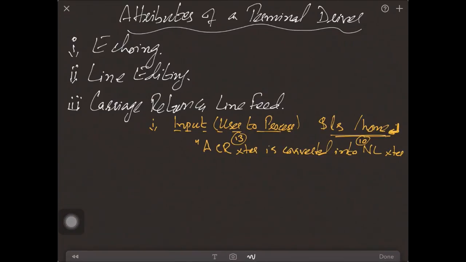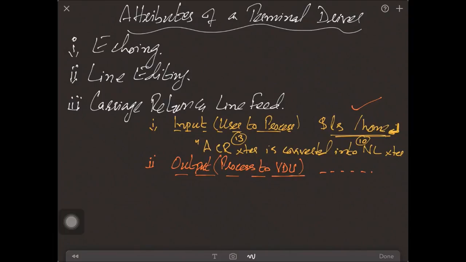And similarly about the output, that is, once the process sends something to the VDU or to the user, once this command is executed, its output is sent to the user, and something tricky happens over there as well.